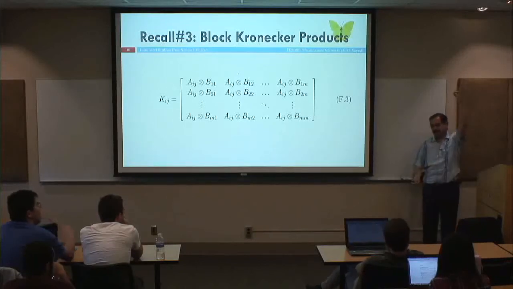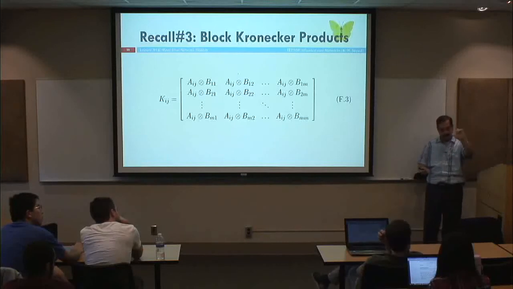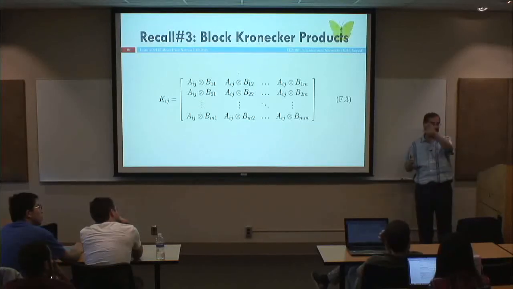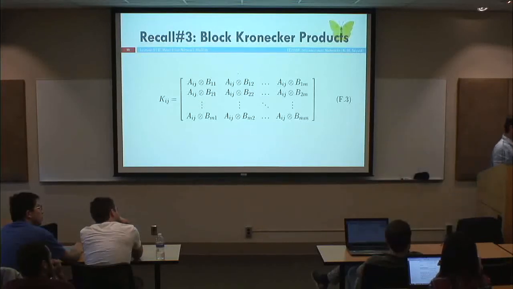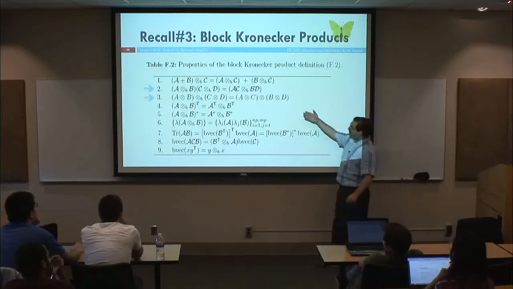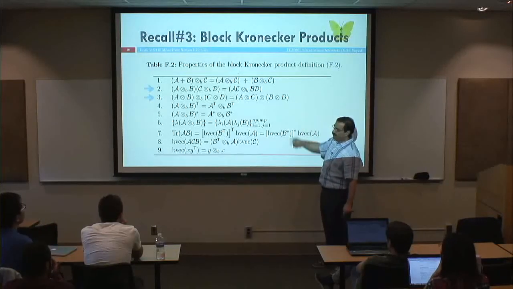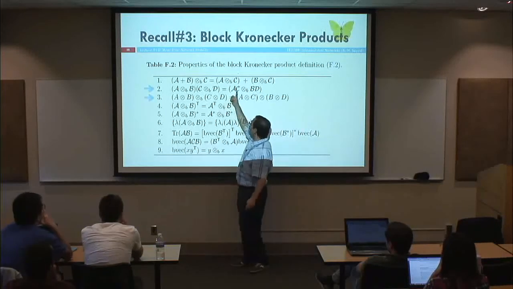Because when you define these block vectors, they have subvectors in them. The matrices have submatrices in them. So that's why these quantities come up. And the block Kronecker product has useful properties similar to the standard Kronecker product. I will be using now 2 and 3. Here it is.